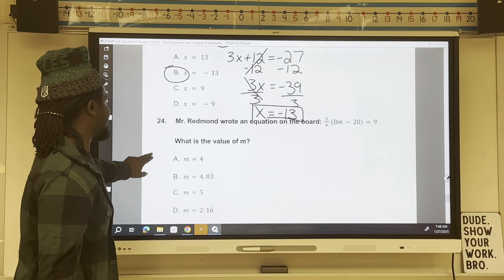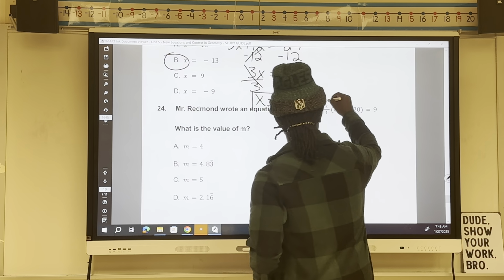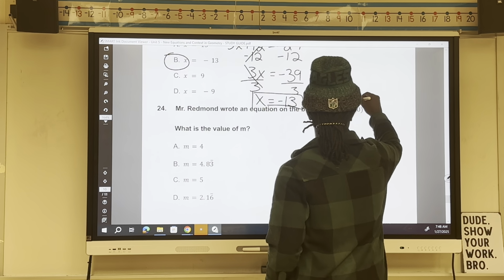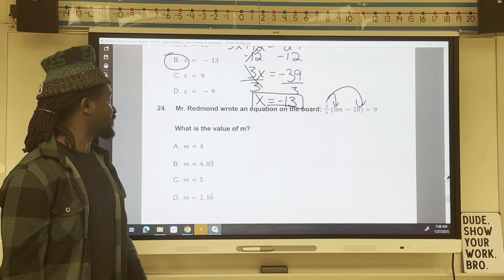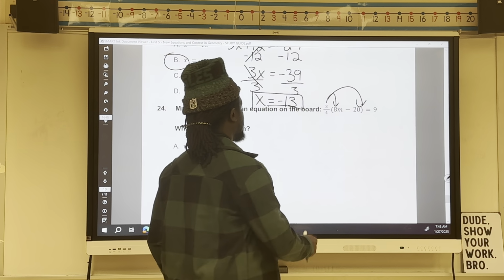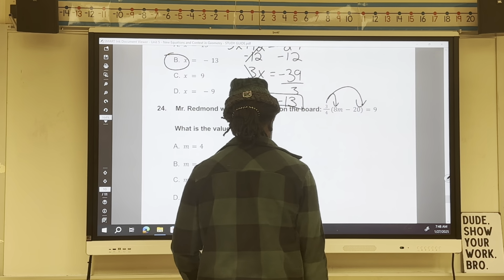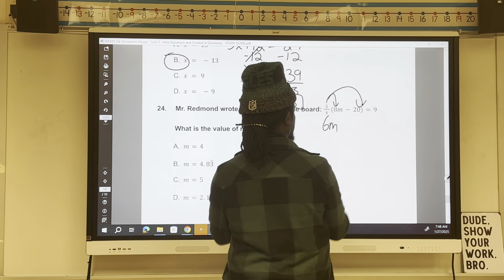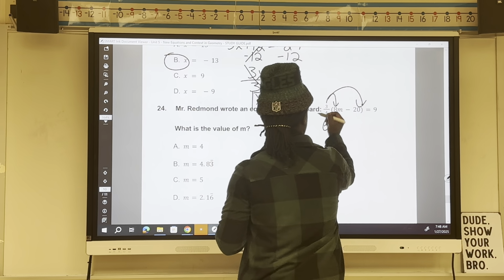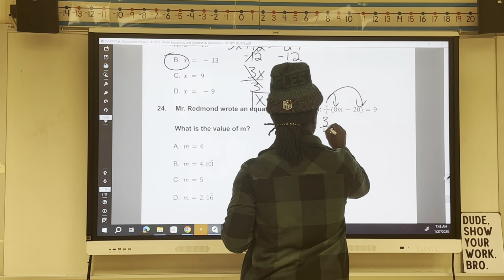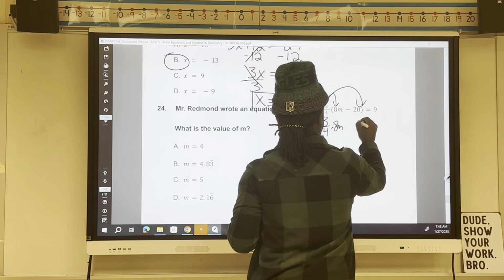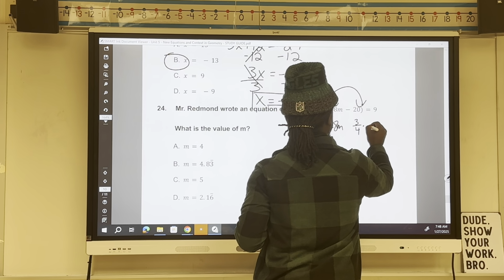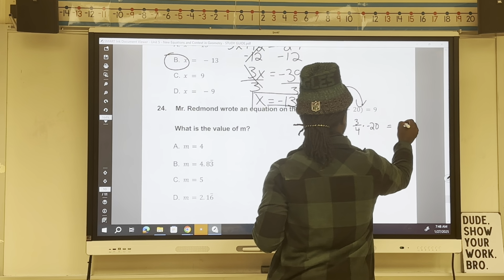All right, and then for this next question, I'm going to start by taking the 3/4 and distributing it. 3/4 times 8m, and then we have 3/4 times negative 20, and that's going to equal 9.